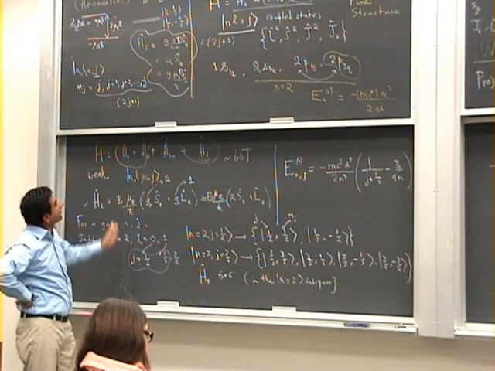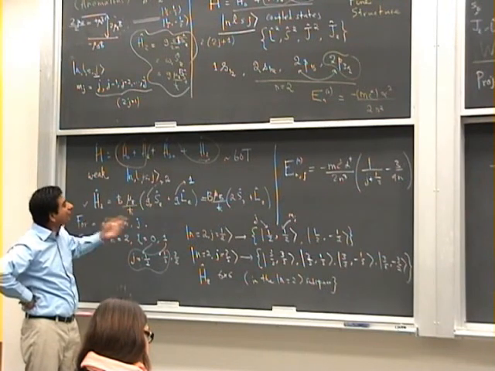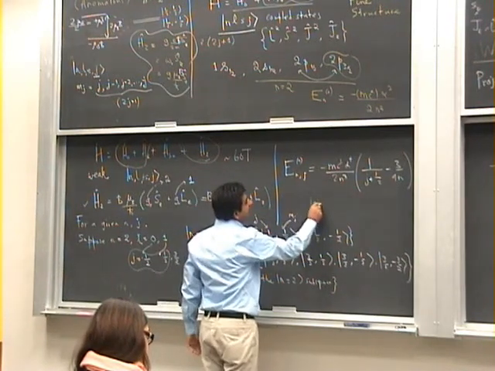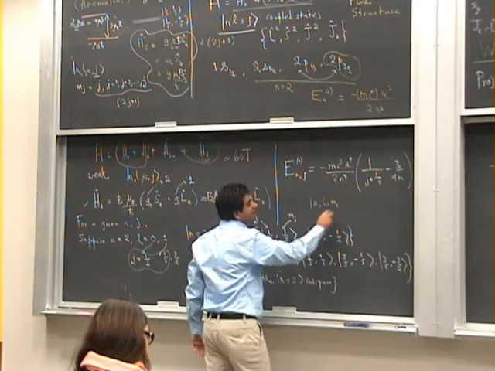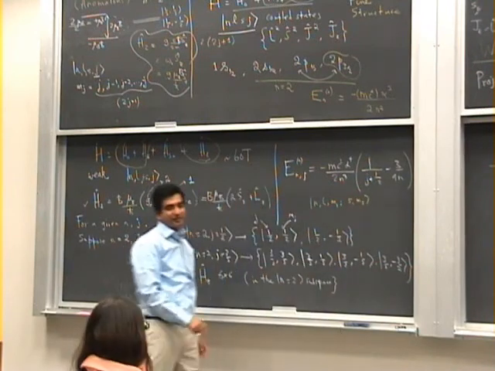So now the eigenstates of the unperturbed Hamiltonian are no longer the n l s j states. They become the n, l, m_l, s, m_s states, the uncoupled states.